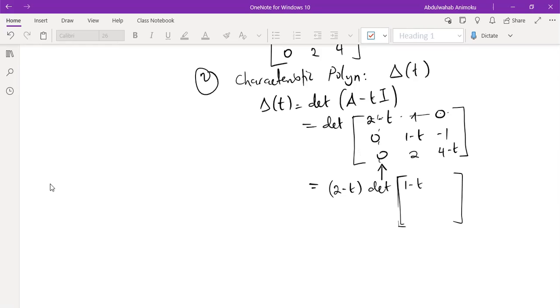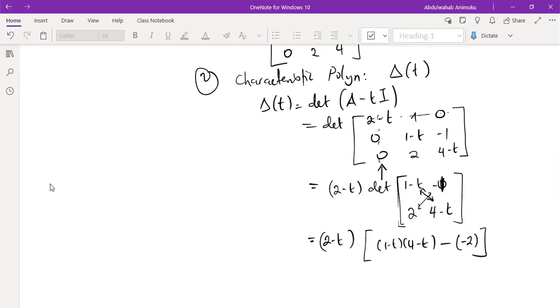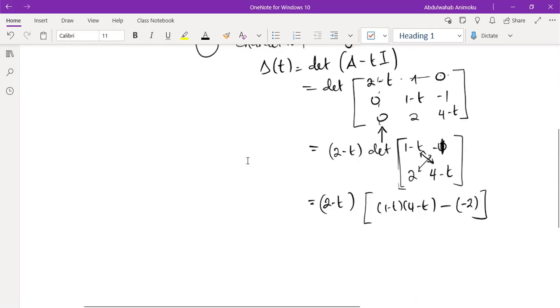Sorry, you have -1 here, the rest of the entries of the matrix we need to find a determinant of. Now from here, to find the determinant of a 2 by 2 matrix, we just multiply the diagonal minus the other diagonal. That will give us 1 minus t times 4 minus t, then minus 2 times minus 1, which is -2. So this is what we need to simplify.